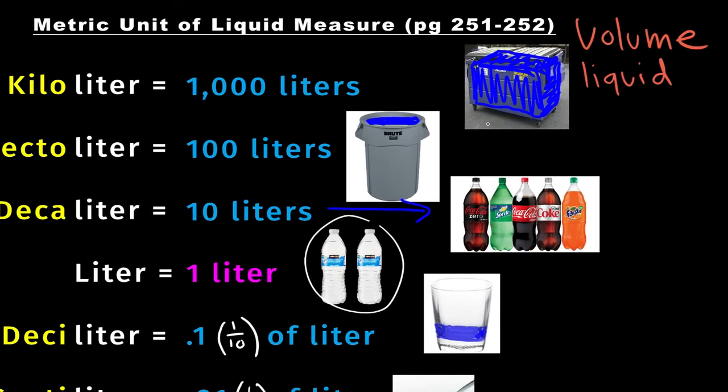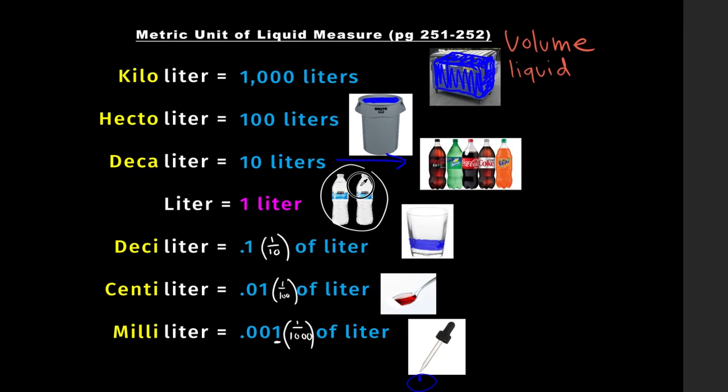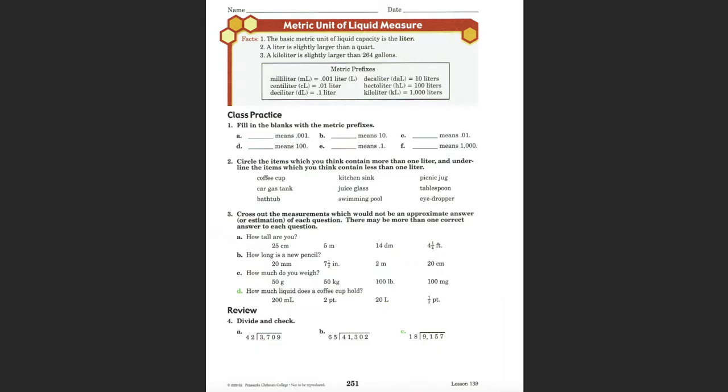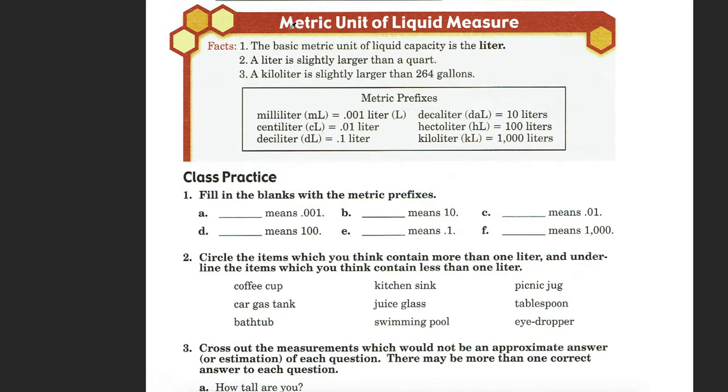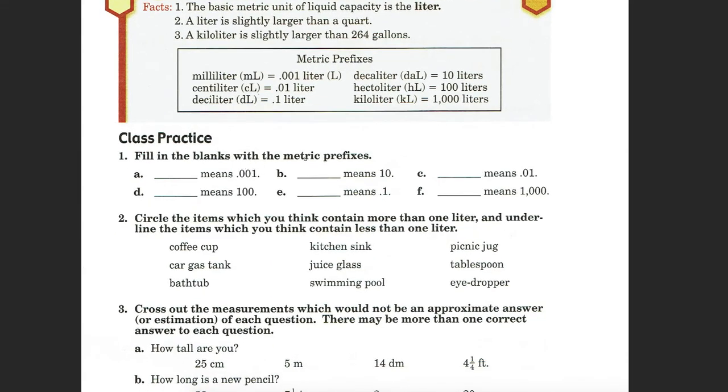All right. So hopefully that gives you a good visual, or allows you to imagine how much liquid is in each of these metric units of liquid. All right. So let's go over our worksheet here. The first one is fill in the blanks with the metric prefixes.